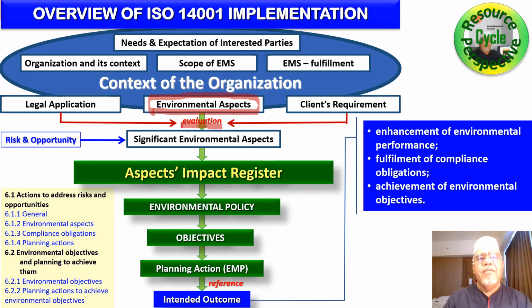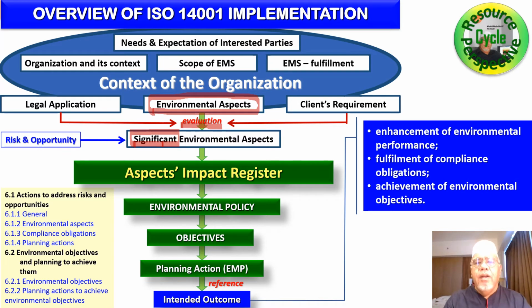Therefore, after the evaluation, we have a list where we are able to differentiate, of all the environmental aspects that we have identified, which ones are significant. Got it? It's numeric, all right? It can be any formula, but I show you how simple we do this.